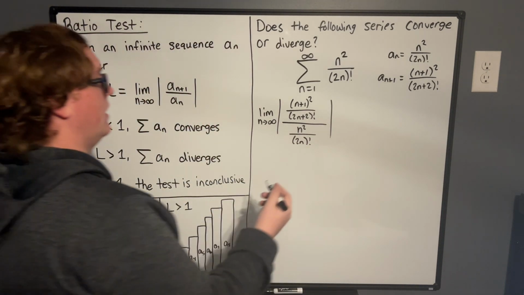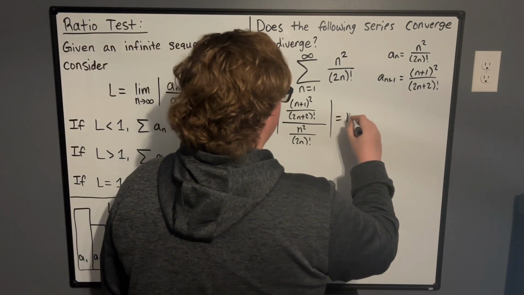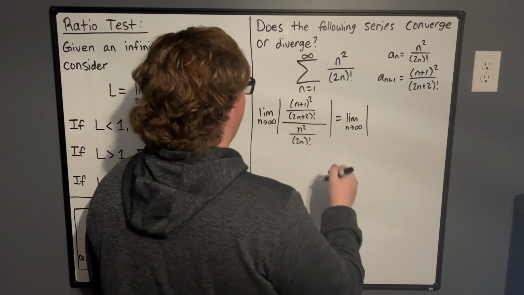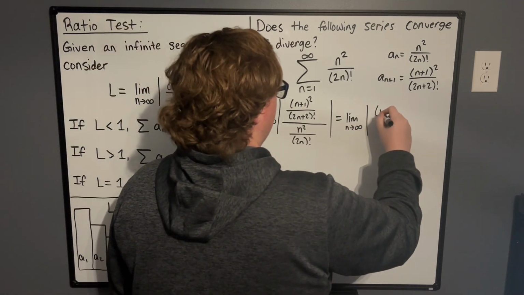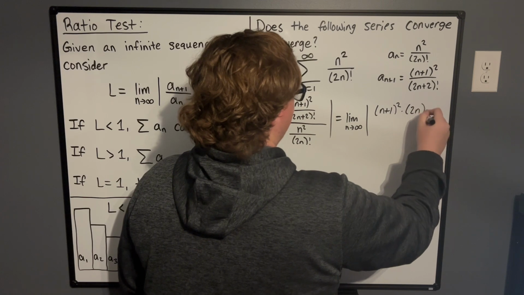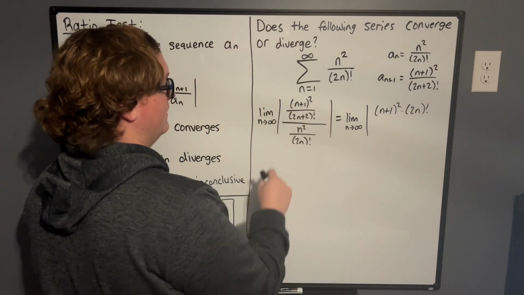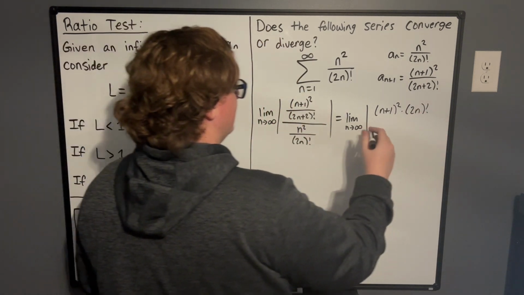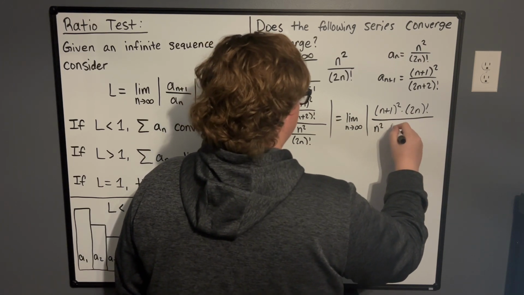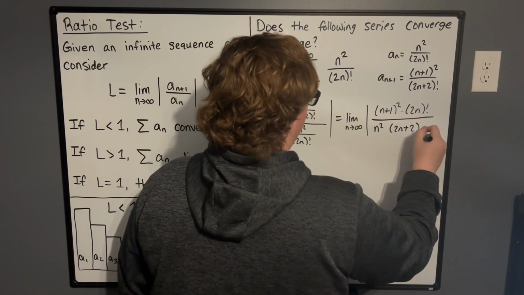We're going to flip and multiply, so when we do, we get the limit as n goes to infinity. With one fraction bar now, this will be n plus 1 squared times 2n factorial, right? This will come all the way up to the top, and then these two will combine. So in the bottom, we'll have n squared times 2n plus 2 factorial.